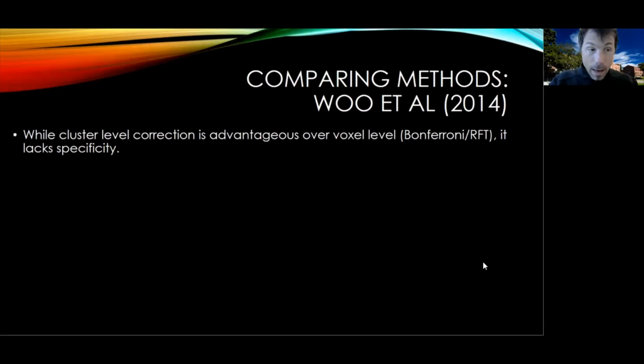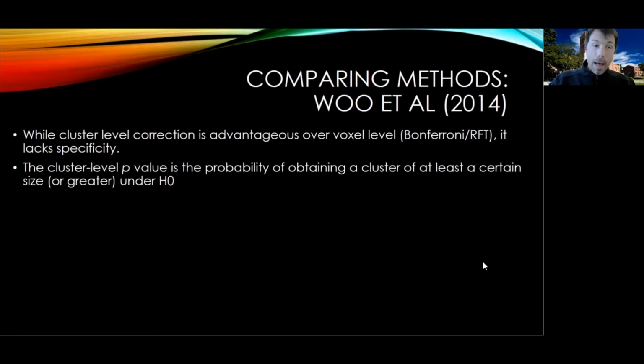However, it really does lack specificity if you do a cluster-level analysis. If you think of it, the cluster-level p-value is the probability of obtaining a cluster of at least that certain size under H0, right? So of that certain size or more under H0.